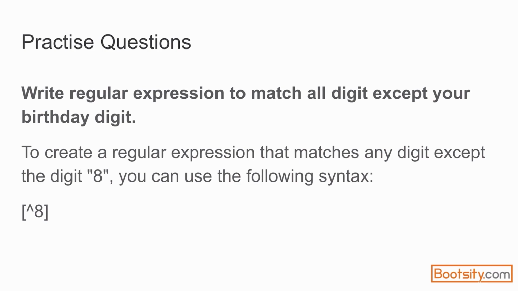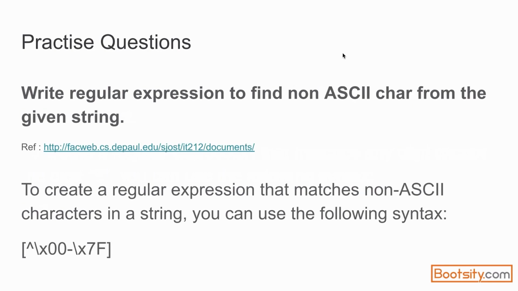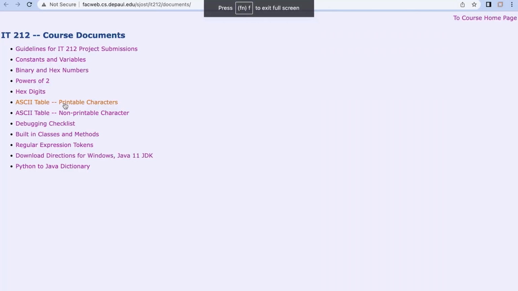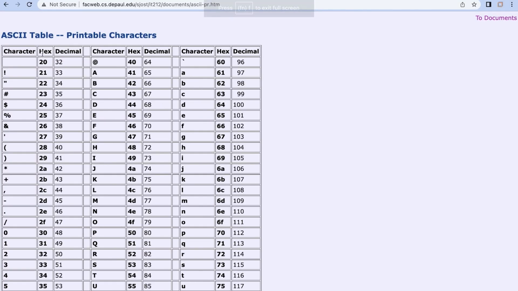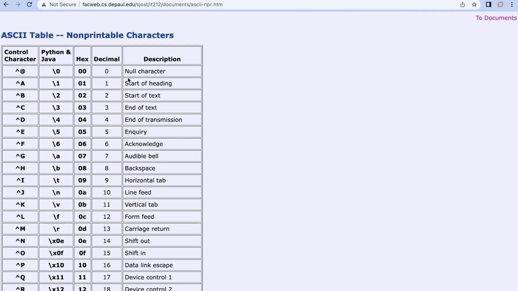So the next question that we encountered was to write a regular expression to find non-ASCII characters from the given string. We know that ASCII characters have hexadecimal numbers from 0 to 127. So these are printable characters. Over here I would see what are the non-printable characters.